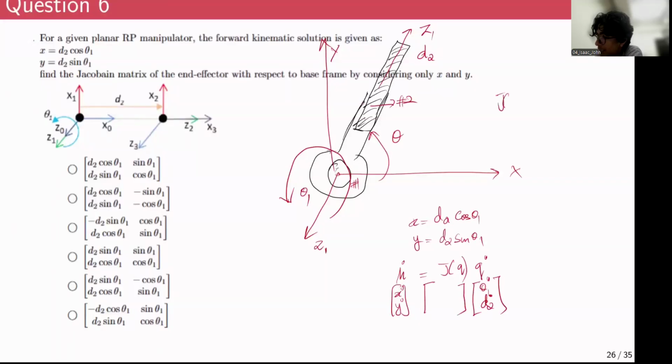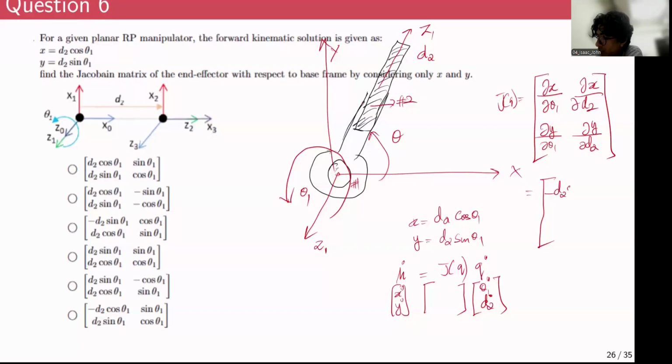And how do you assemble this Jacobian matrix? The Jacobian matrix is nothing but dou x by dou θ1, dou x by dou d2. Then the second row would be dou y by dou θ1, and the next column would be dou y by dou d2. If you perform the partial derivatives of the corresponding terms, you will end up with minus d2 sin θ1, then cos θ1.